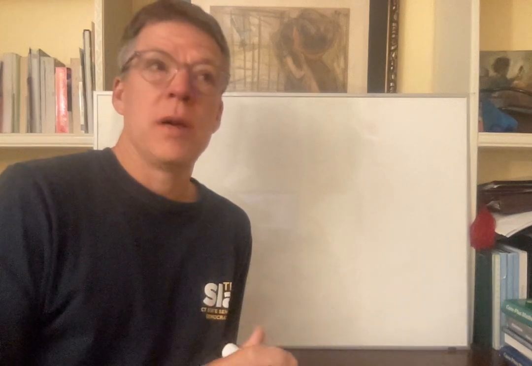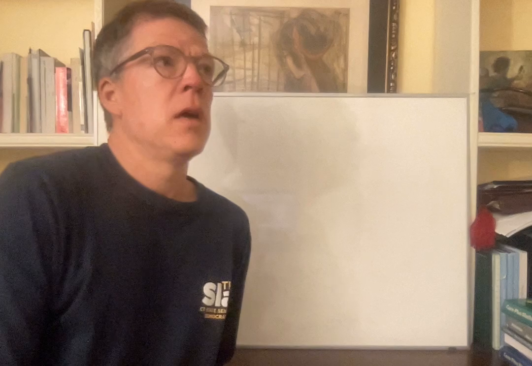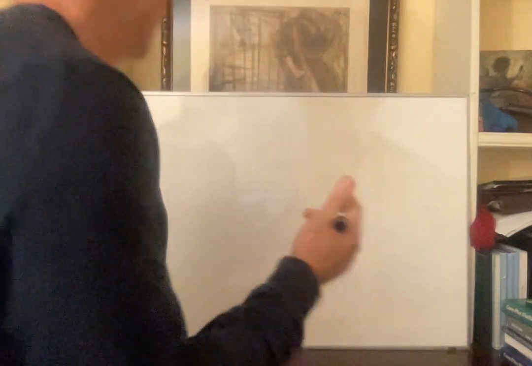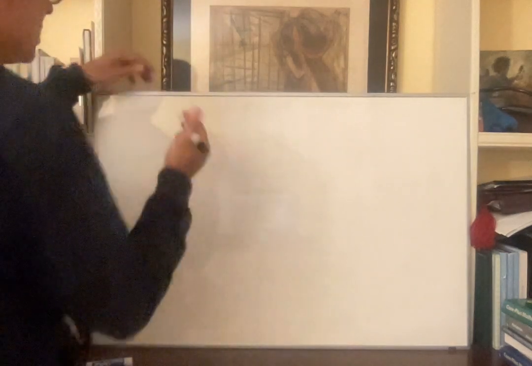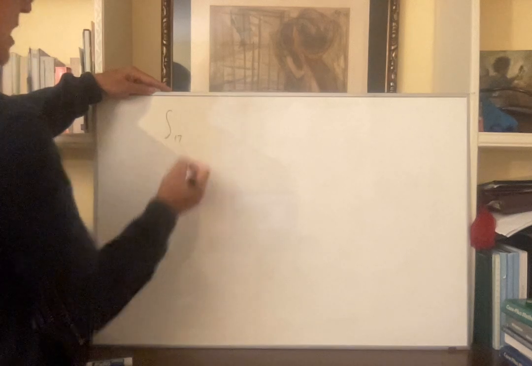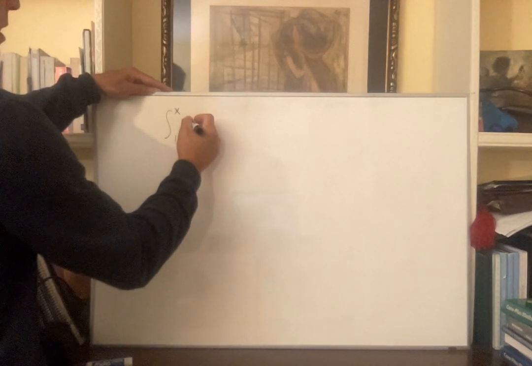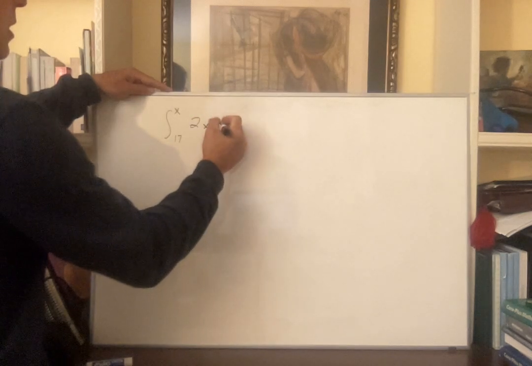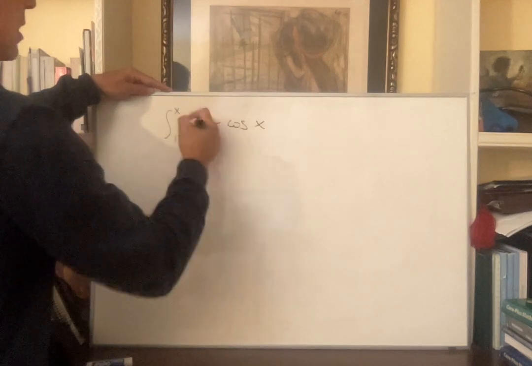So let's talk about the fundamental theorem of calculus, the one that you don't remember, okay? I'm just going to do one that we can actually figure out the answer to, because you'll see the pattern like that. Let's say I had, let's go from 17 up to x, and then let's say it is 2t minus cosine t.